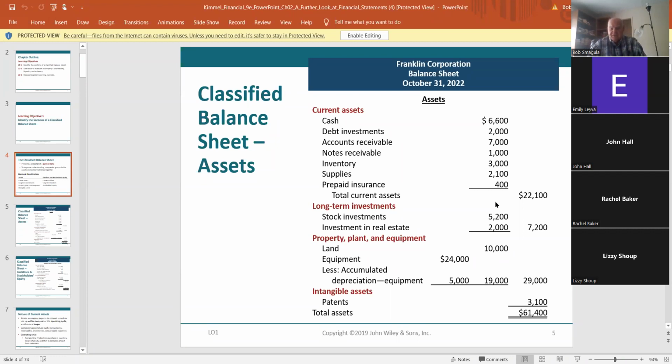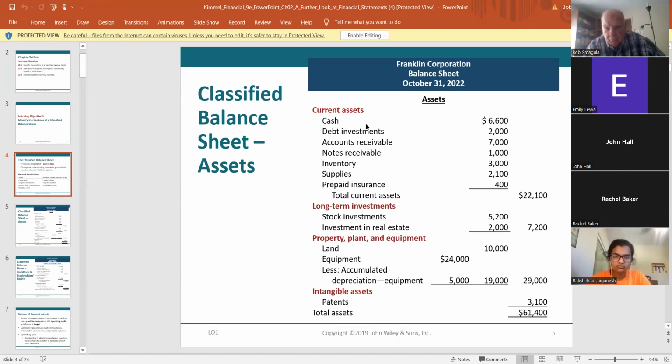The current assets are always listed in order of liquidity, meaning how easy it is to turn it into cash. Cash is liquid, so cash will always go first, and then you'll have short-term debt instruments, maybe some bonds that you issued. Accounts receivable, notes receivable, inventory, supplies, prepaid insurance.